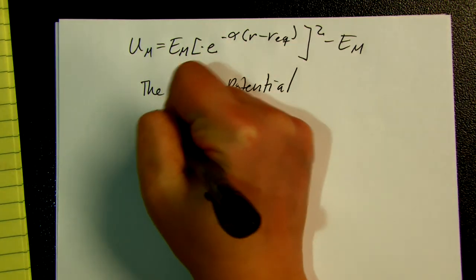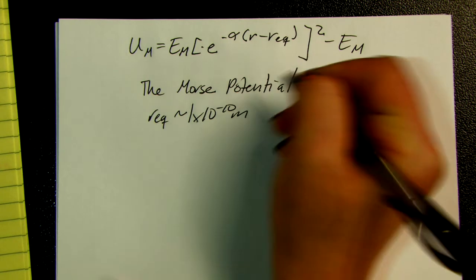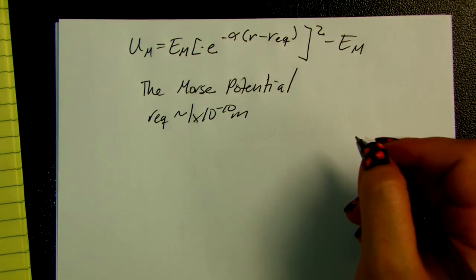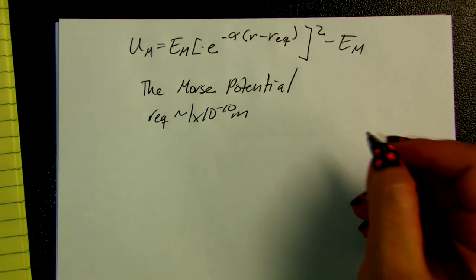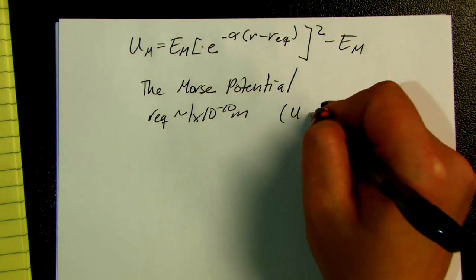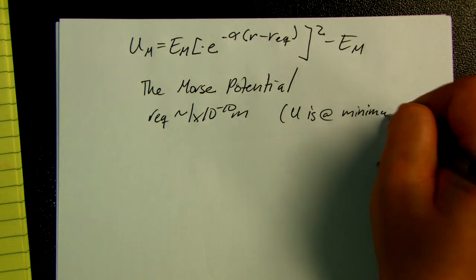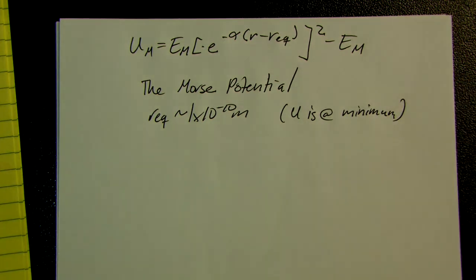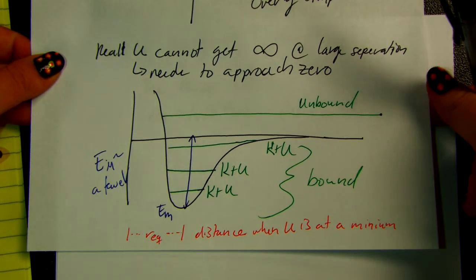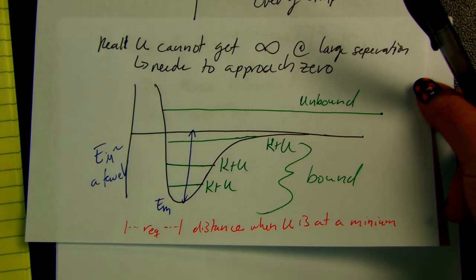And REQ tends to be about 1 times 10 to the minus 10 meters. That would be the approximate diameter of an atom, and that's where U is at a minimum. And this equation describes this model. So the Morse potential is described by this model.